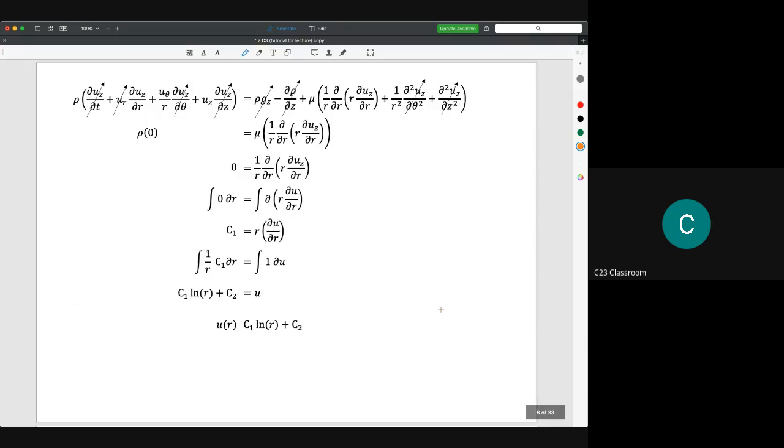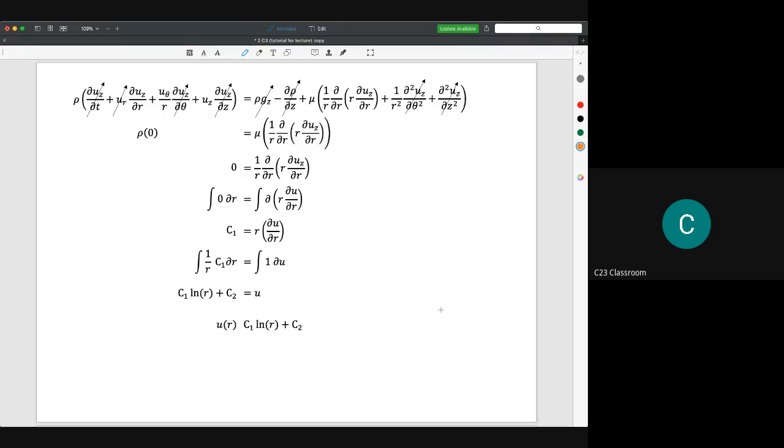The first step, the rule of thumb, is you need to choose which Navier-Stokes equation can be used to solve the problem. The second is you try to find the easiest way to solve that Navier-Stokes equation.